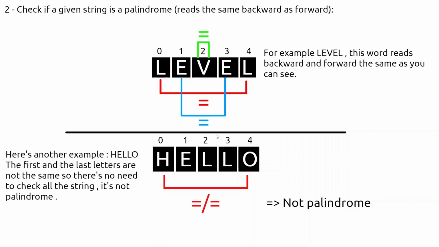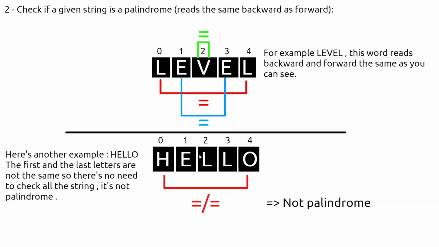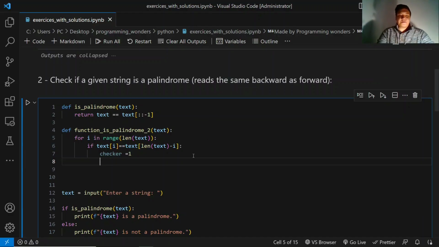So for example, there are two cases of words: the words whose length is divisible by 2, and the words whose length is odd, like 3. So for example, both of those examples are not 2. Okay, so we need to check also on the middle.